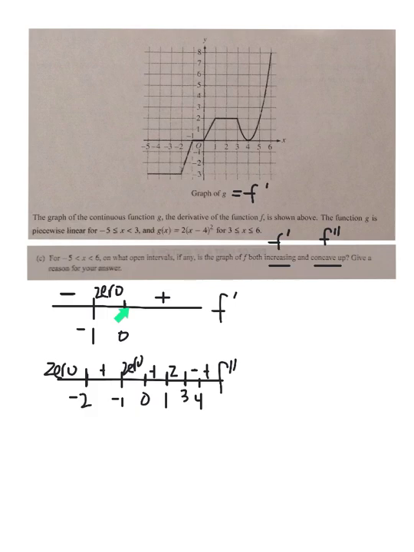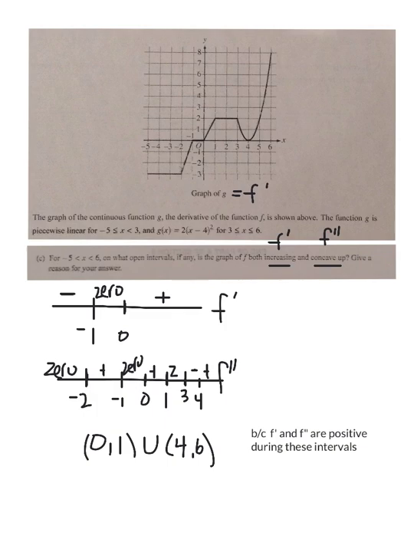So we're looking from 0 on, and I'm going to see where I have a positive. Well, look, I have from 0 to 1, and I have it again from 4 to 6. So those would be my two intervals: 0 to 1, or also 4 to 6. And your reason would be because f prime and f double prime are positive during these intervals.